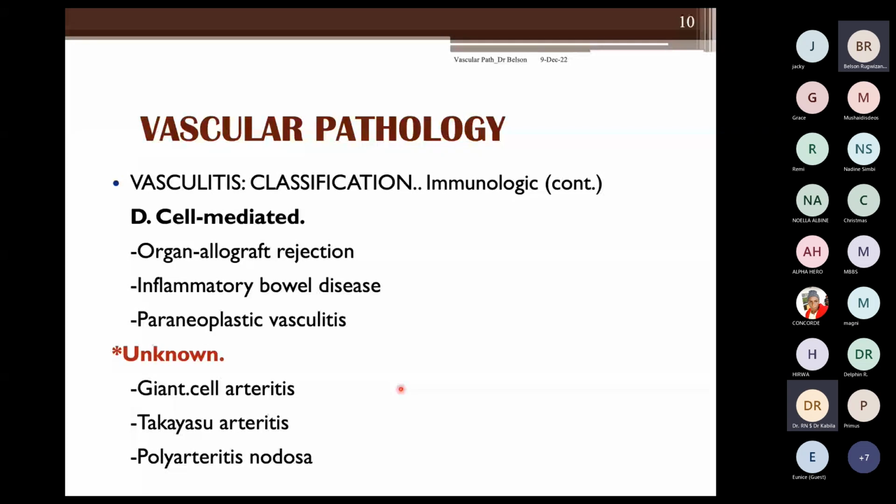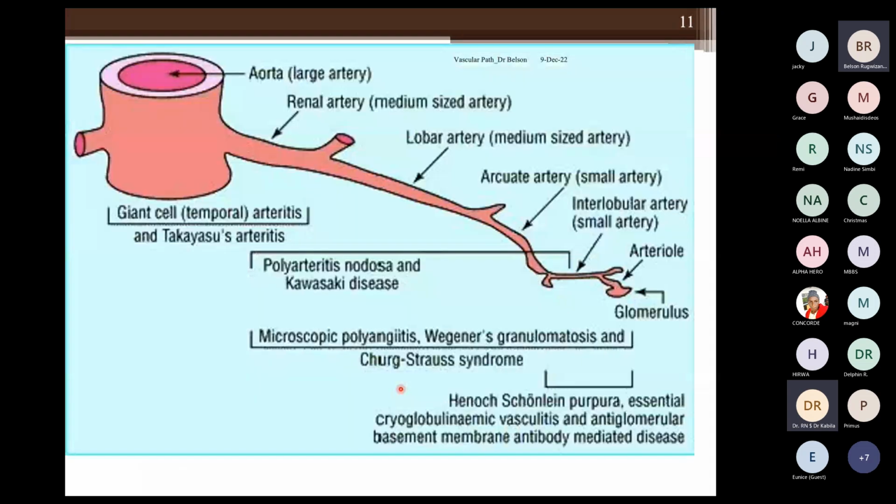So the body recognizes it as a foreign thing, so it must kill it. Niyo mpamvu haba rejection. Mu kuhagarika rejection iyo ukoze transplantation, umuntu imiti itera weakening of his or her immune system. But usually it doesn't last for many years. So we have many other causes.